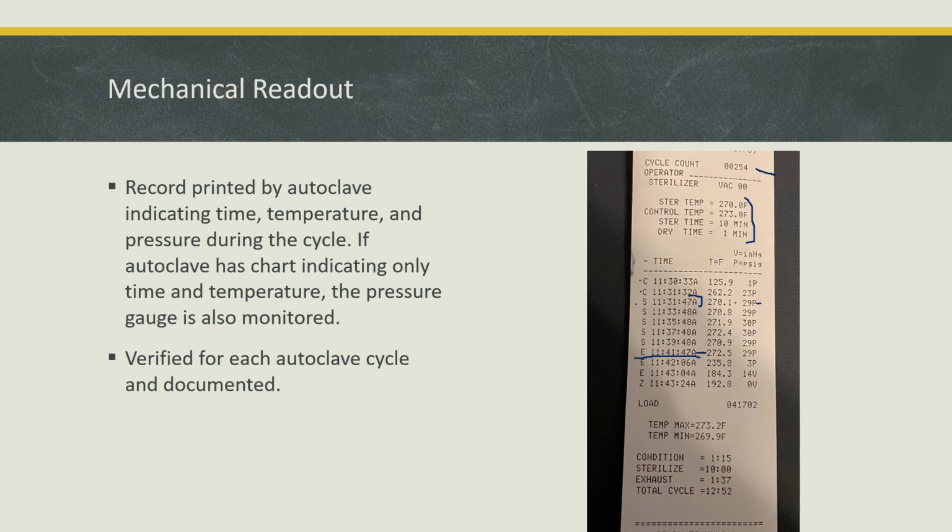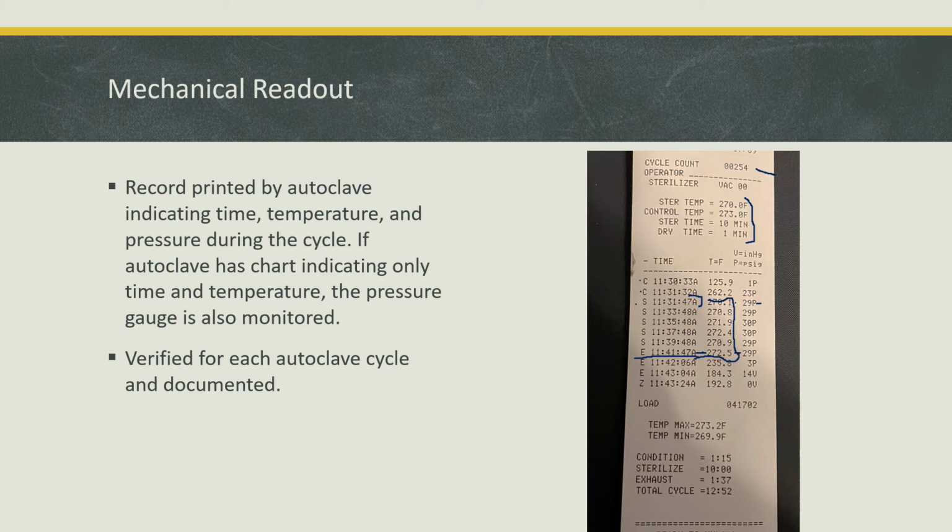So this is still above 270 degrees and 29 above the 27 psi, so that's 27 to 30. You can see that is at 11:41:47. So we went from 11:31:47 to 11:41:47, and for that complete time, it was above 270 degrees.